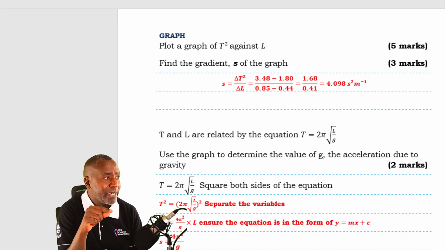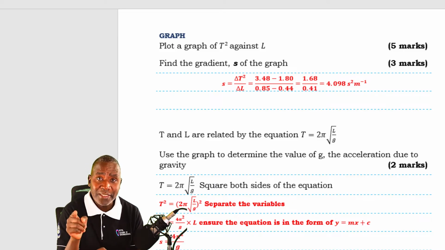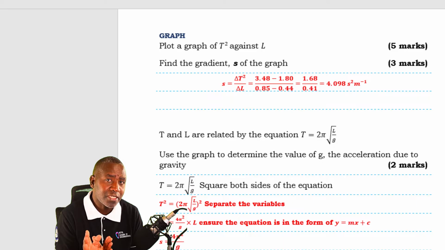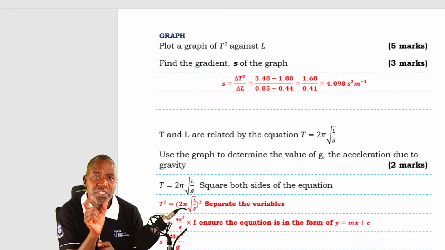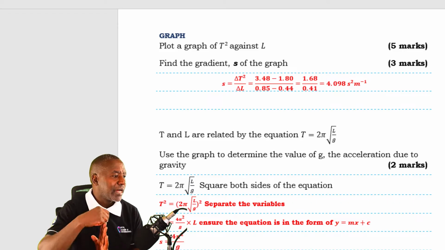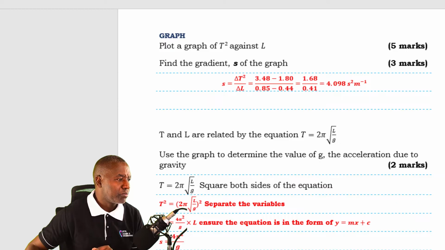Sometimes they say, plot a graph of t squared, then in bracket y-axis, against L. Of course, L will go to the x-axis. But just in case that is not given, always understand the first physical quantity which is mentioned goes to the y-axis. So let's look at the table.